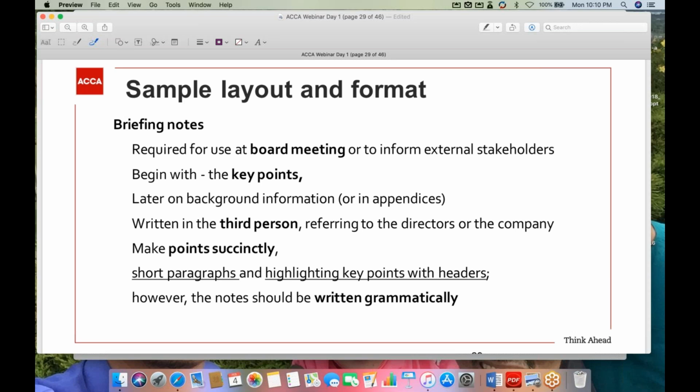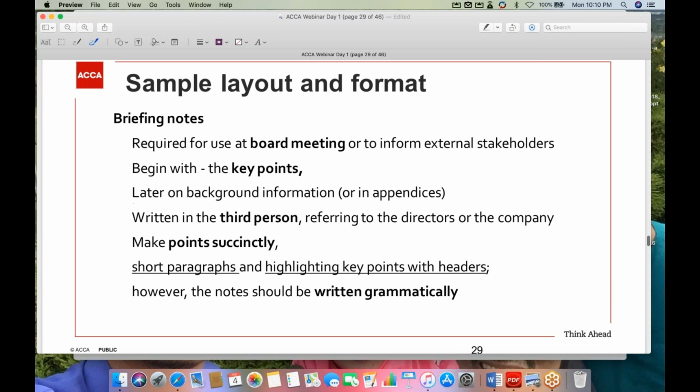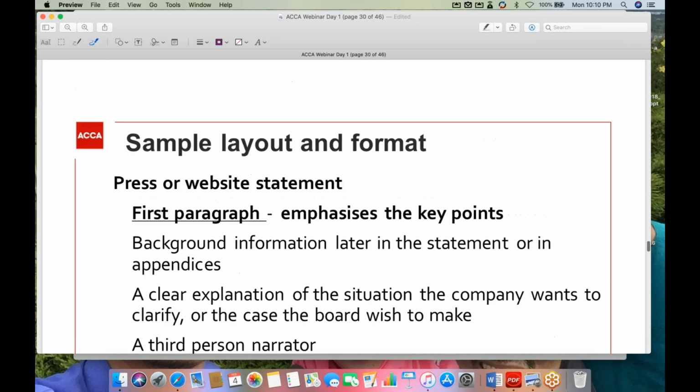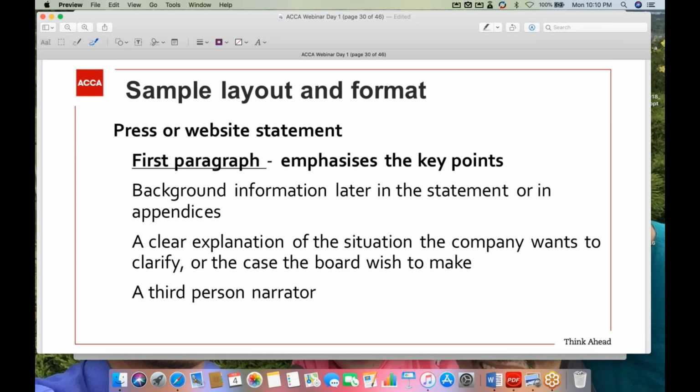And you must make sure that you're able to write it with good grammar. I'm sure all of you out there are very good in the English language, definitely, as compared to us here in Malaysia. I think they speak more Malay language rather than English. So sometimes I have to make sure that they write properly.